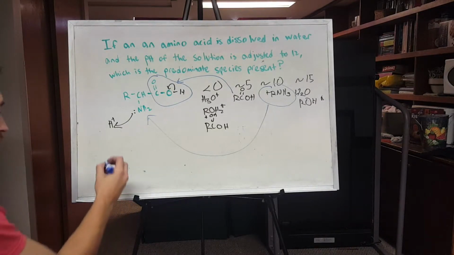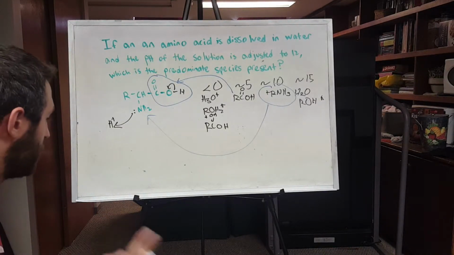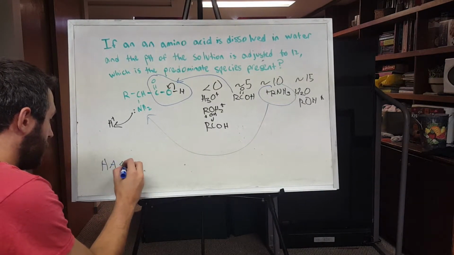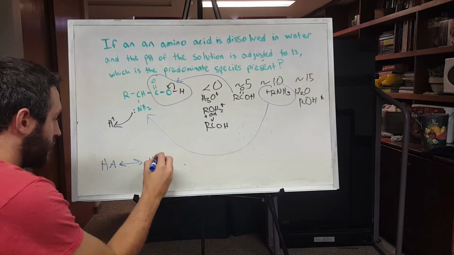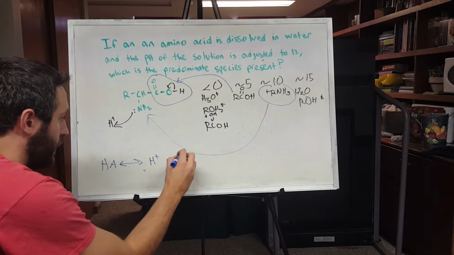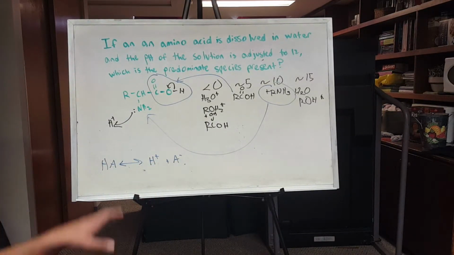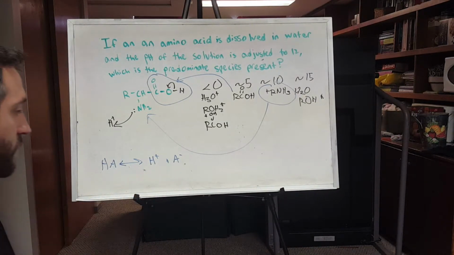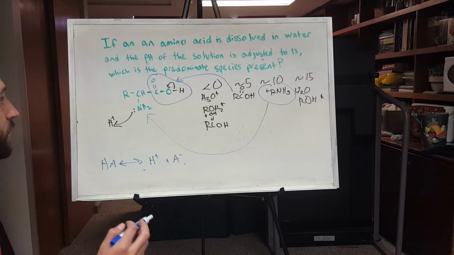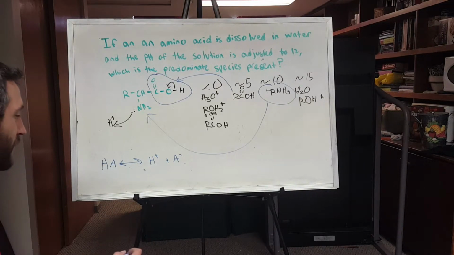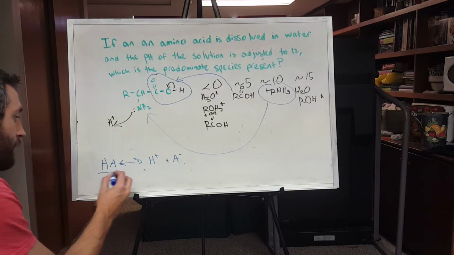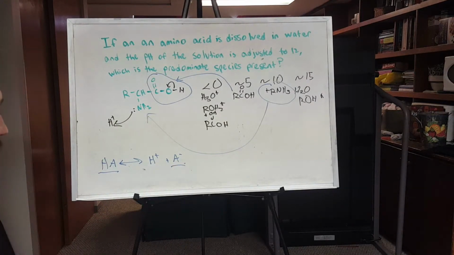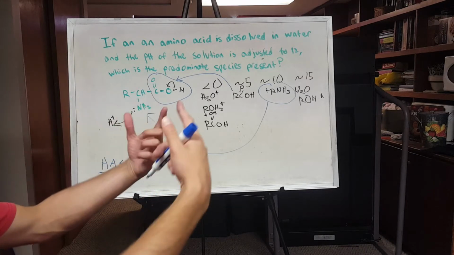Let's go back to the pH pKa idea. HA in equilibrium with H plus and A minus. Let's say this has a pKa of 7, just an arbitrary acid we're drawing here. If the pH of the solution is 7, we'd have the same amount of HA as A minus in that solution.